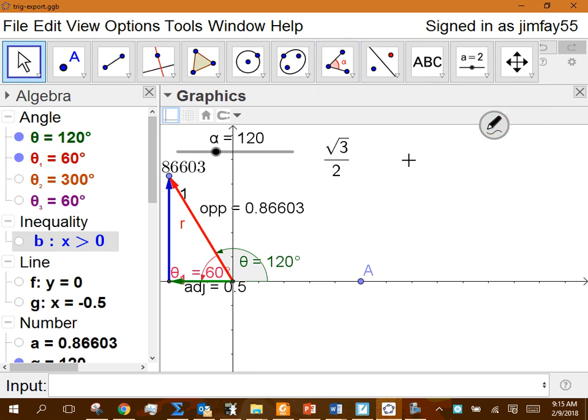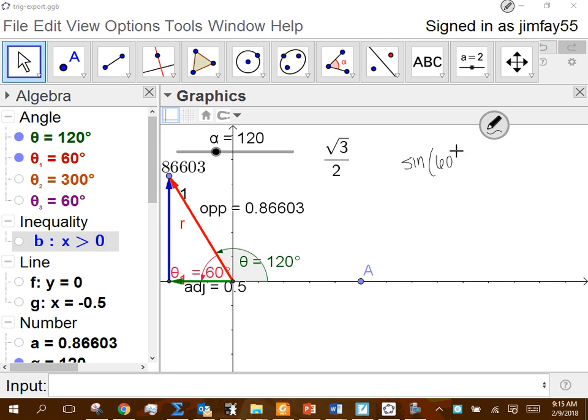I think I wrote the sine of 60 degrees is going to give you root 3 over 2. And then if we do sine inverse of root 3 over 2, that's going to give you 60 degrees back, right? That's what we use on our calculator, okay? And those two pieces of information there are the inverse functions of one another.